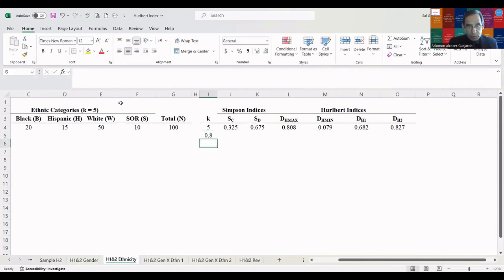So the maximum score is 0.80. So if I want the Simpson evenness or standardized score, it's going to be 0.675. I'm going to divide that by the 0.80. So that gives me a 0.844. So that means for this organization, I obtained 84% of the maximum value of 0.80.